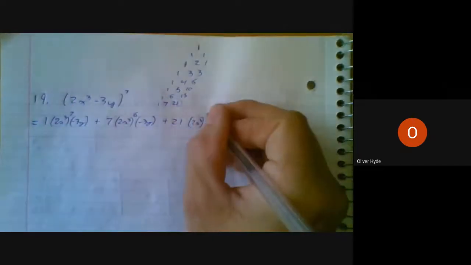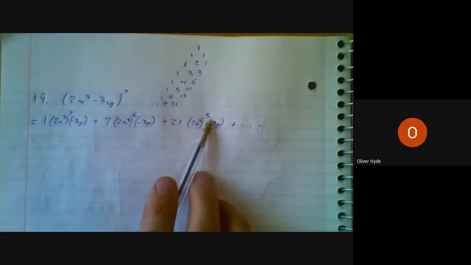These things are going to be powers of 2x cubed, and powers of negative 3y. The exponent on the 2x cubed starts at 7 and decreases by 1 till you get to 0. 7, 6, 5 is an example of an arithmetic sequence.